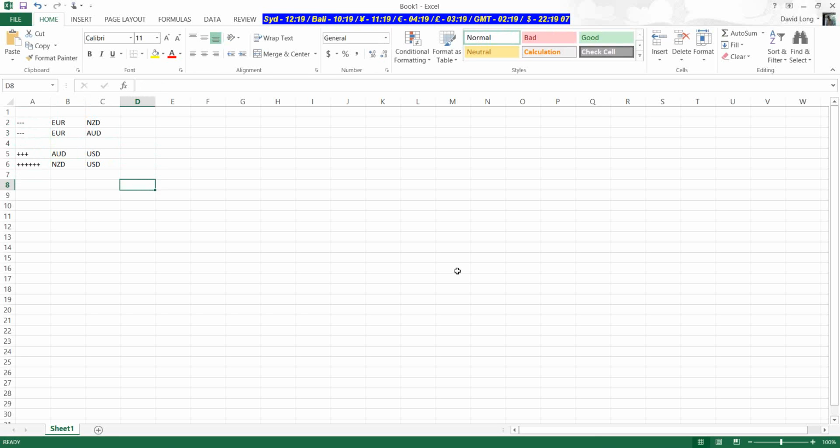The other thing you need to consider is the Kiwi Swiss and the Aussie Swiss are effectively the same as these two. So these two trades are effectively the same as these two, because they'd be giving you buy signals. And so those buy signals are effectively what you're doing up here, isn't it? So just be aware of that.